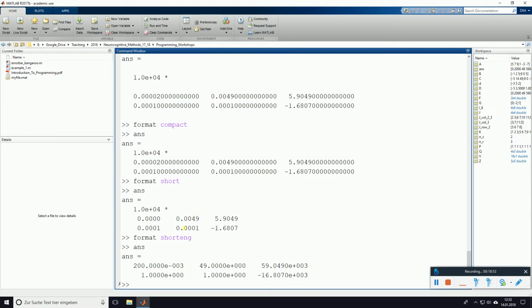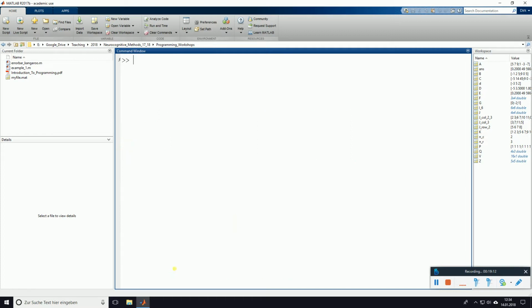Well, that's one way to see if the problem is this big number here. So that's 200 to the power of 10 to the power of 10. That's 200 times 10 to the power of -3, which is 0.2. Okay.